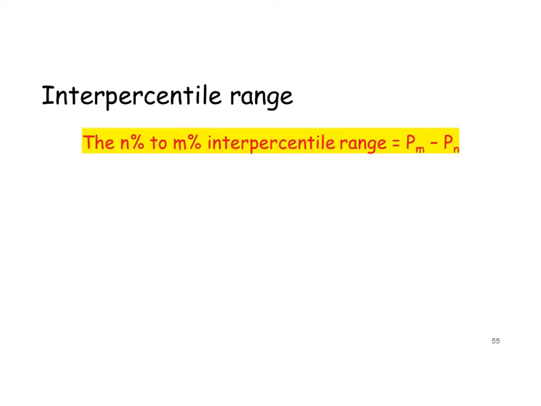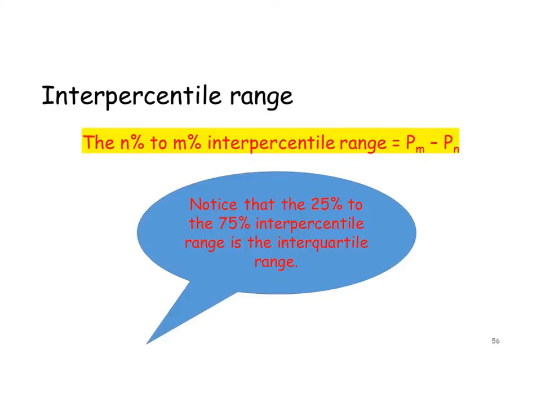So from the n% to the m% interpercentile range is Pm minus Pn. And we notice that the 25% to 75% interpercentile range is, of course, the interquartile range, because 25% corresponds to Q1 and 75% corresponds to Q3.